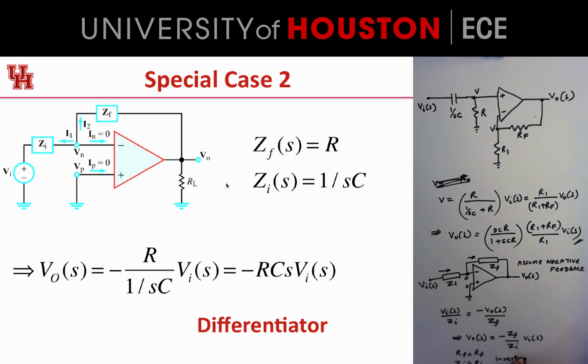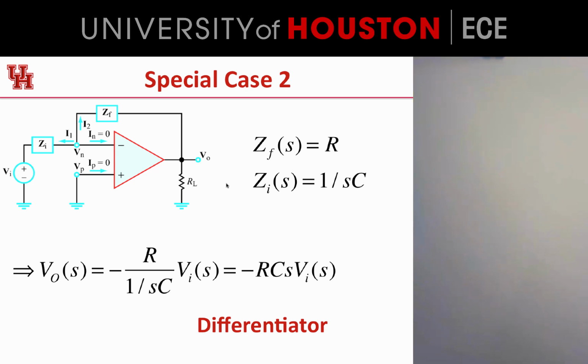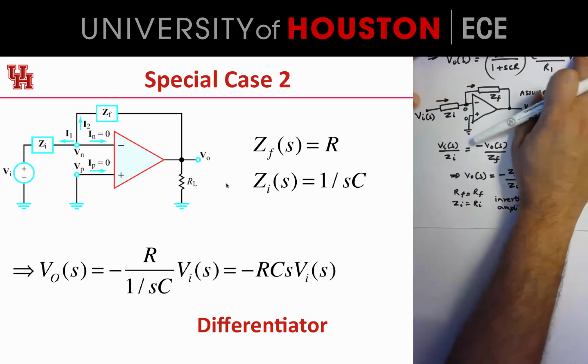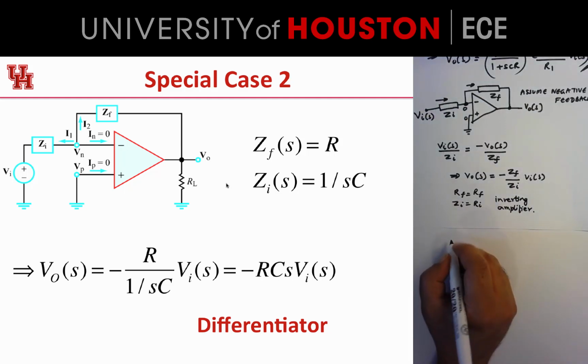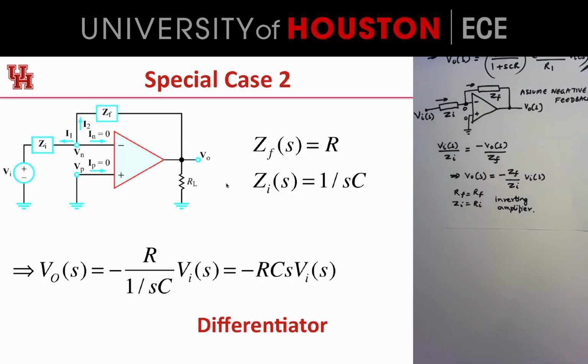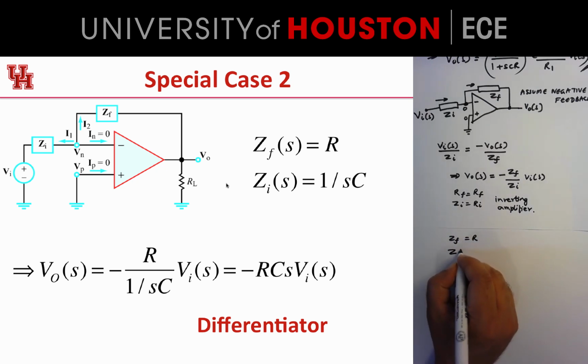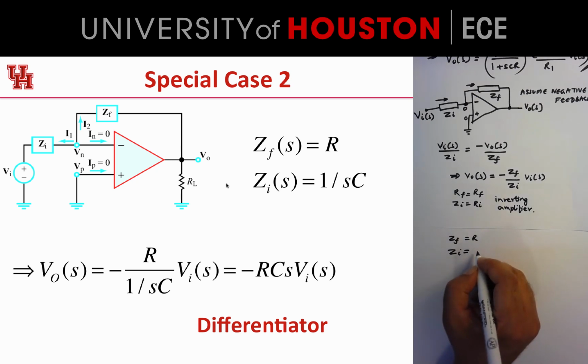Now, I'll reuse the same sheet of paper. Suppose for the same circuit that ZF is still a resistor, but for ZI, I set it to be a capacitor. So the impedance is 1 over SC.